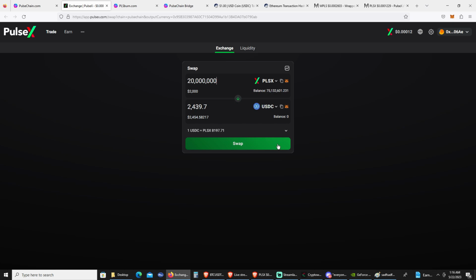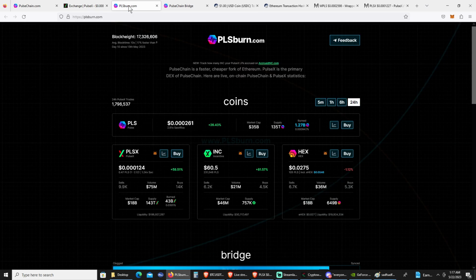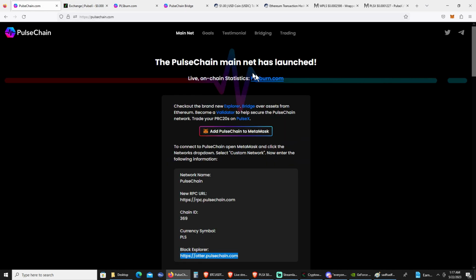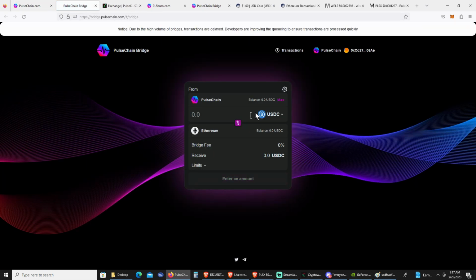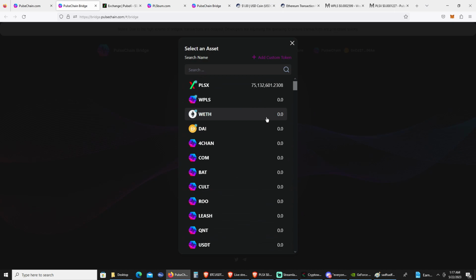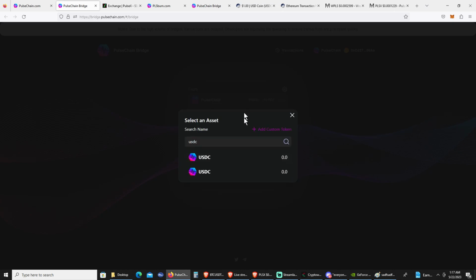I don't want to swap this right now though, but if I swapped it, I would be holding this USDC from Ethereum in my Pulsechain wallet. Then all I would have to do is go back to that bridge page right here, click this drop down, and type USDC.